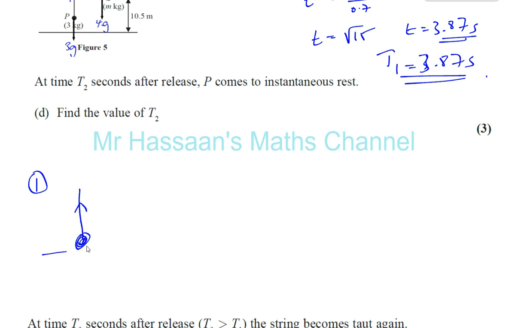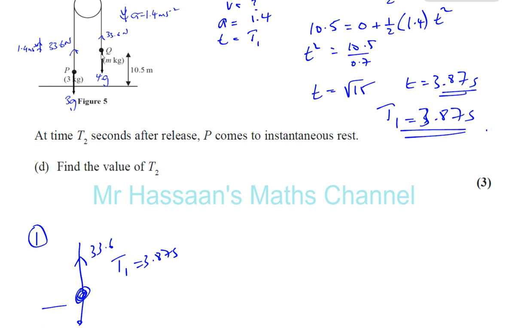You've got tension in the string and you've got its weight, which is 3g, and this is 33.6. It goes up until T1, which is 3.87 seconds. That's when Q hits the ground.